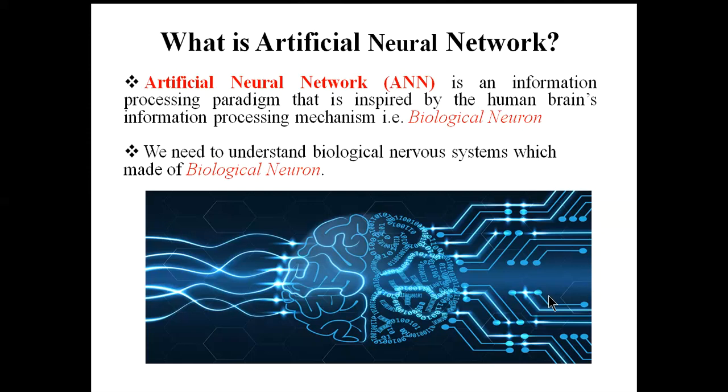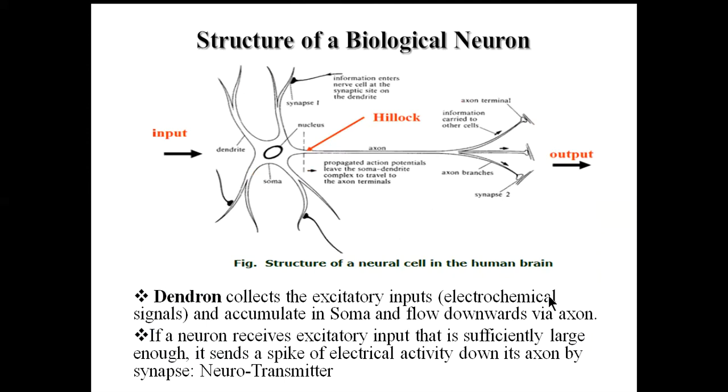So to understand the working principle of artificial neural network, first of all we need to know the working principle of a biological neuron that exists in our human brain. Now in biology we have already read about this kind of neuron.